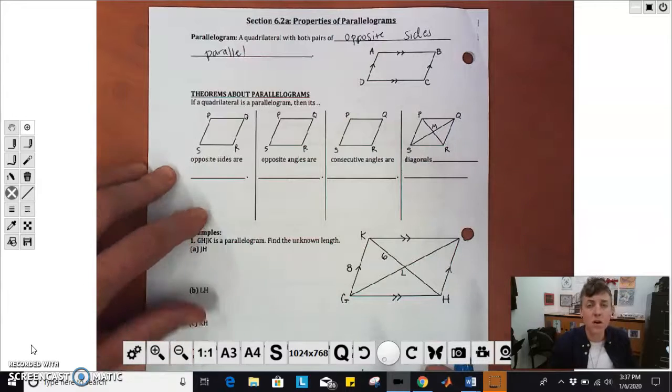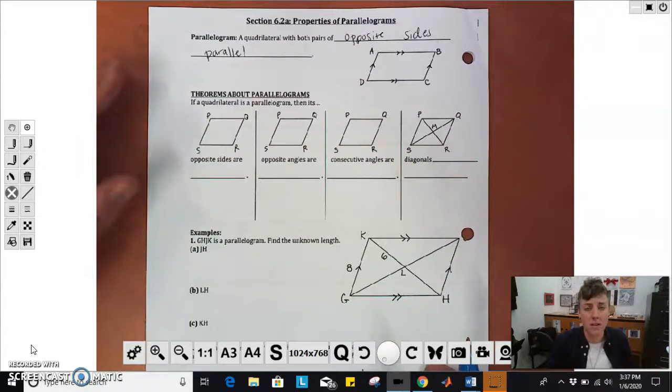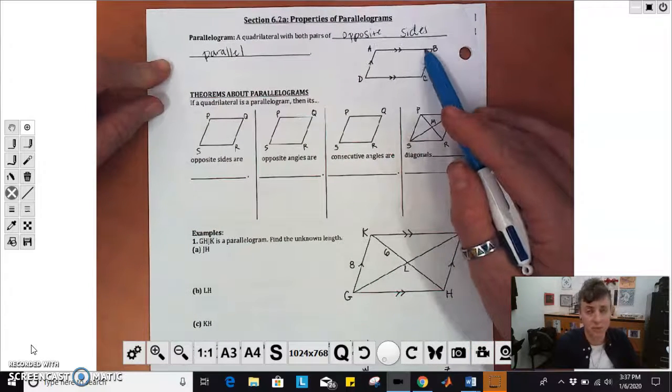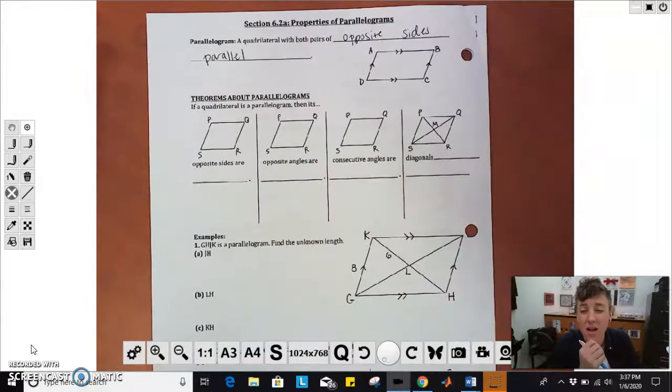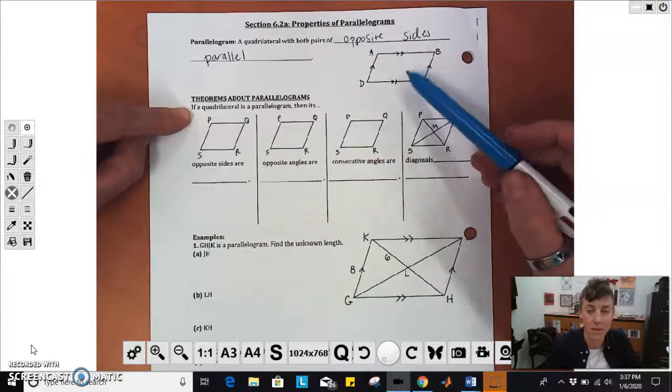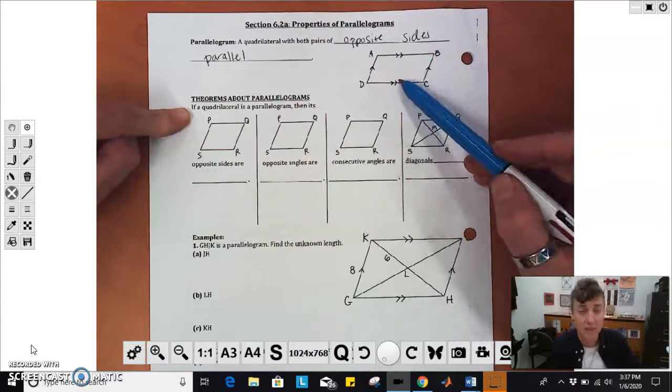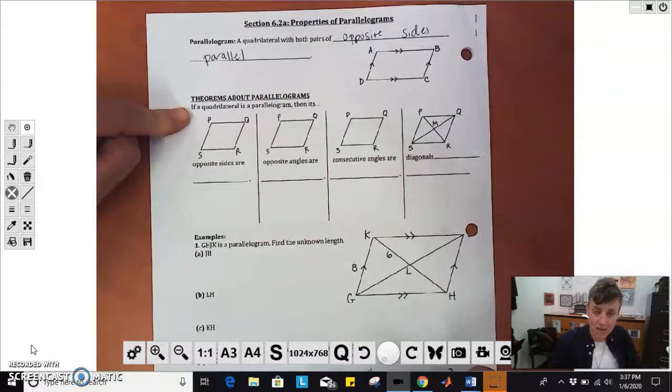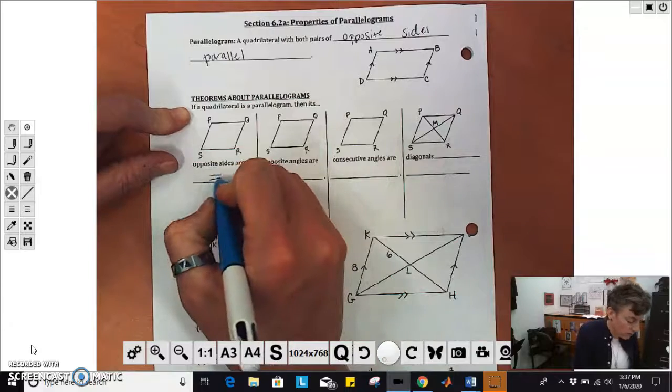All right, if we know that a quadrilateral is a parallelogram, we know its opposite sides are parallel, we also know some other things about this particular shape. If a quadrilateral is a parallelogram, then we also know its opposite sides are congruent.